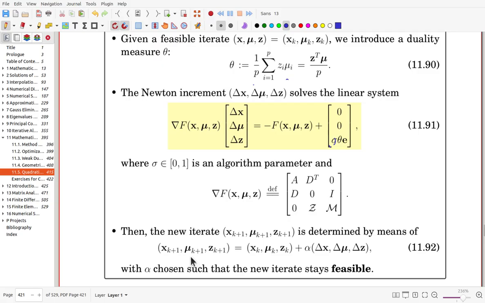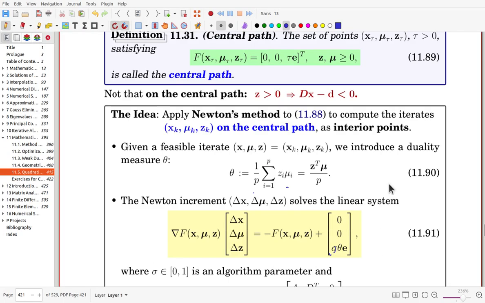In this way, we update the x, mu and z by using the Newton method. So all the way, the points are inside the feasible zone, the feasible set, and along with the central path, the solution will converge. So that is the idea of the interior point method.